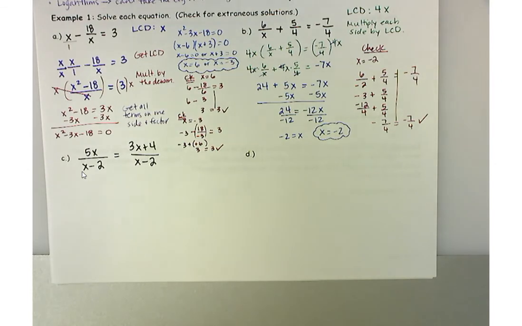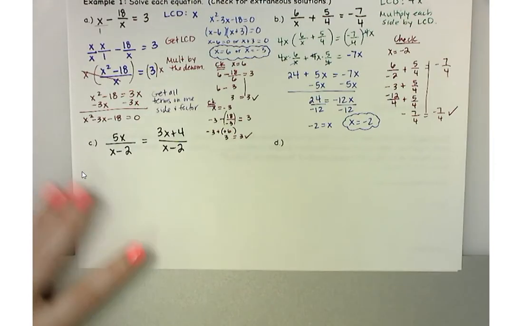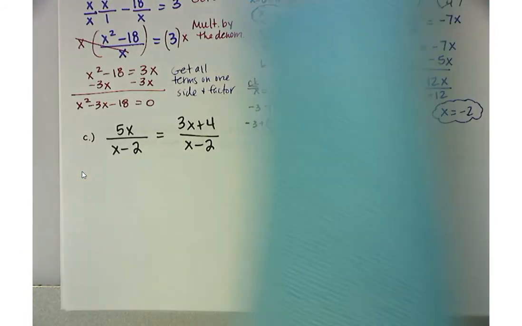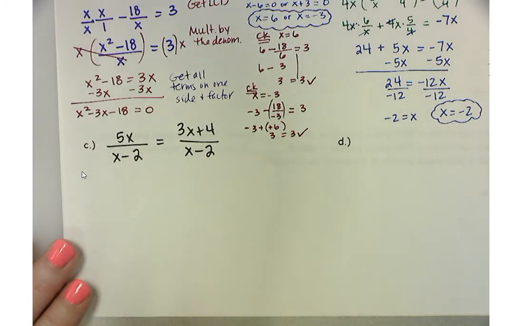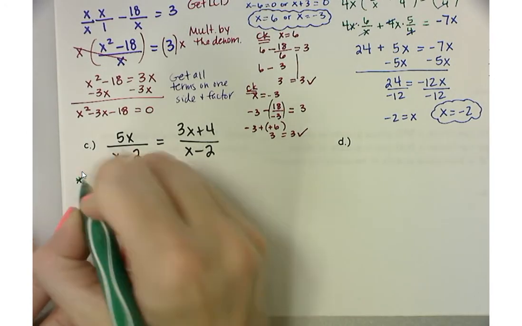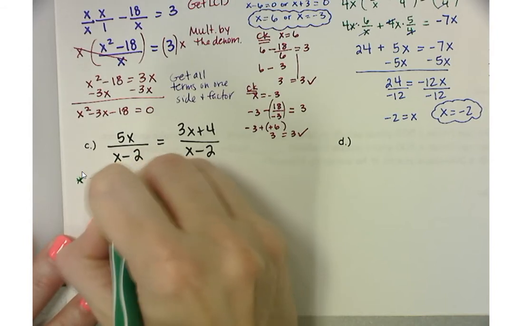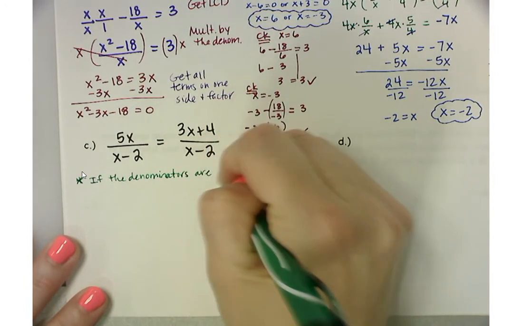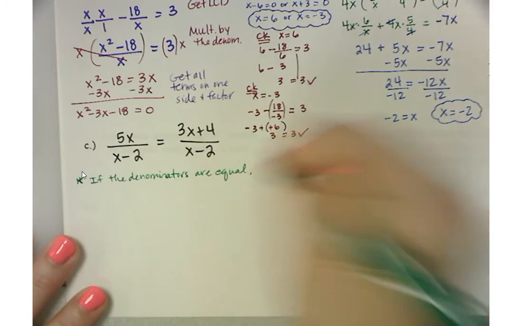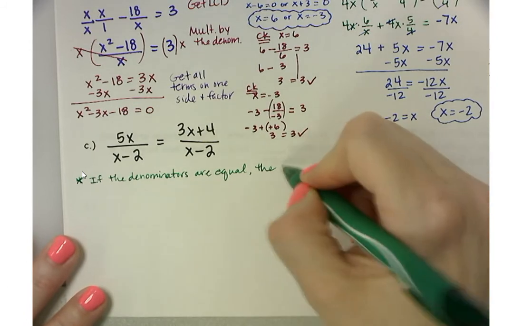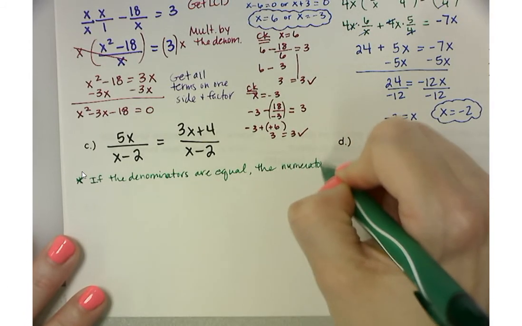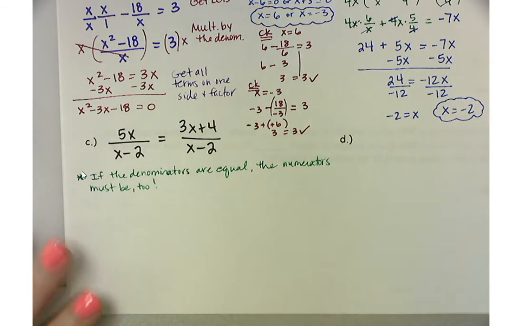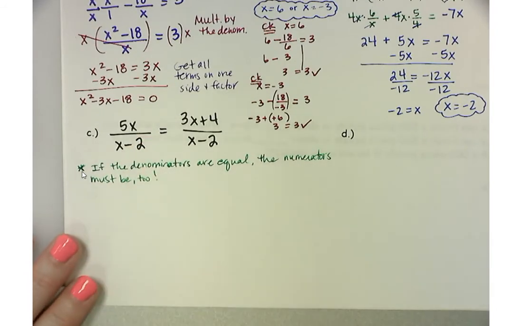So if the denominators are equal, the numerators must be too. So if you notice that both of these are x minus 2, or even if you multiply to get those, then you can just set the numerators equal. So for this one, we would just set up the equation 5x equals 3x plus 4.